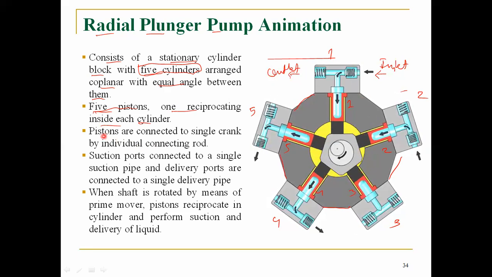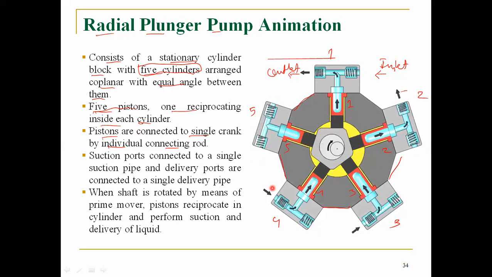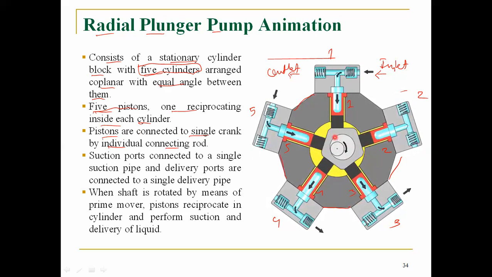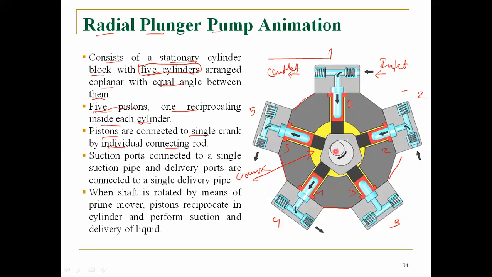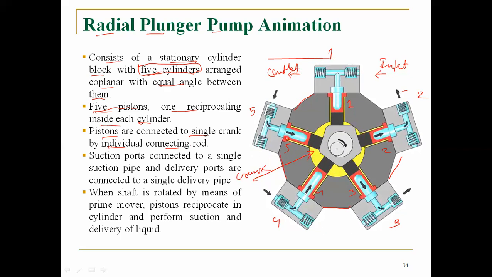The pistons are connected to a single crank by individual connecting rods. How do all 5 cylinders operate? They operate with the help of this cam follower, which is connected with the single crank, along with the single connecting rod.